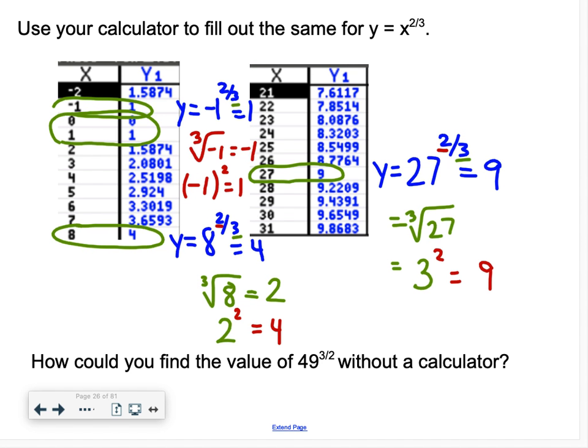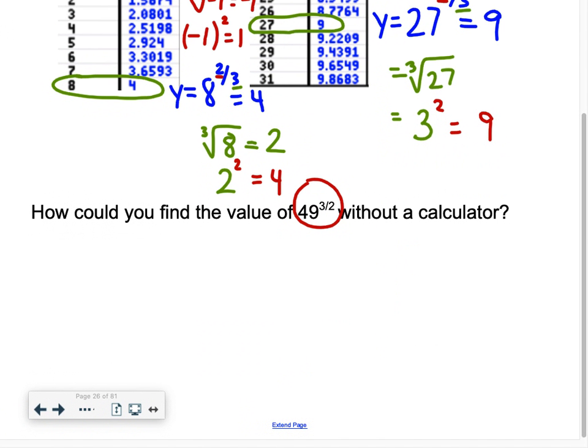So if you did, how would you figure out what 49 to the 3/2 is? Not 2/3, but 3/2. So now you could say, well, I know that the denominator is the root, so I'm going to square root 49, which is 7.